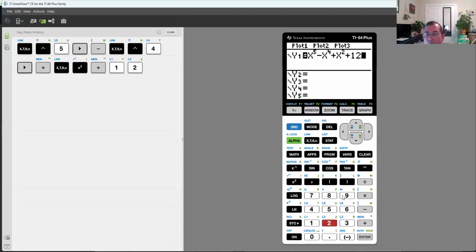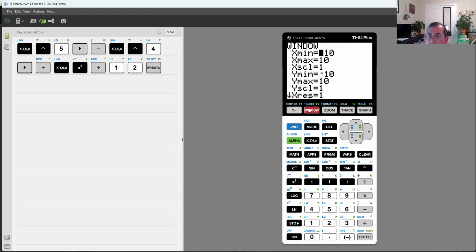Now remember, they said all graphs, negative 5, 5, negative 50, 50. So you're going to hit the window button because they're telling us what to set the window to get our graphs to look like theirs. So X minimum, they said, was negative 5, enter. X max was positive 5, enter. My X scale, they said, was 1.